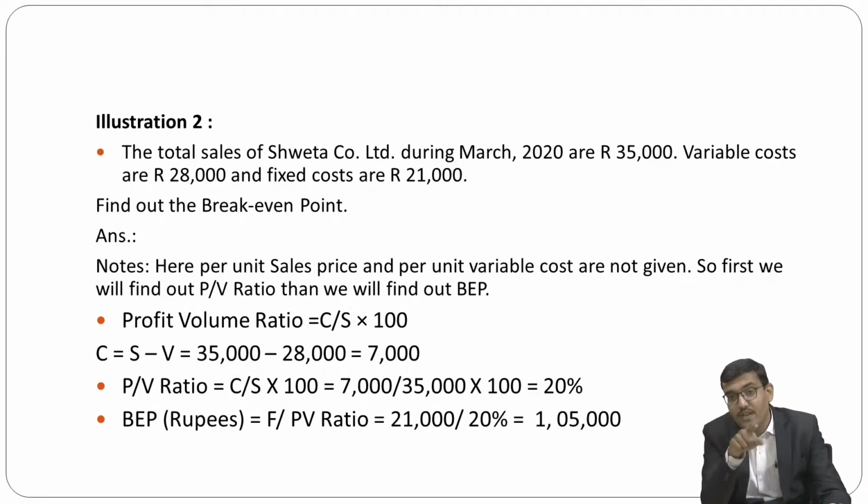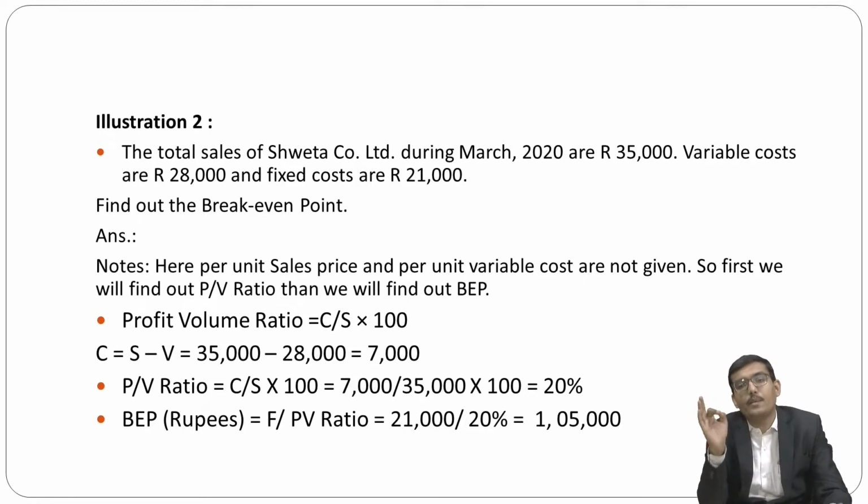But here you have to find out the break-even point. So you can easily get the break-even point using the PV ratio also. Yes or no, my dear friends? In rupees. So the PV ratio formula is contribution divided by sales into 100.